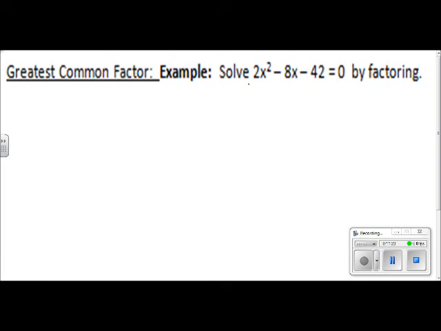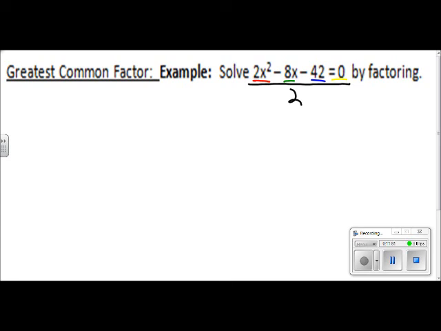Now, in this example, we notice that we have 2x squared minus 8x minus 42 equals 0. So you might say, oh, I want to try that new AC method that we just tried. Well, we could do that. It might take a little while. We could also notice that we could factor a 2 out of all of these terms, and technically even here.